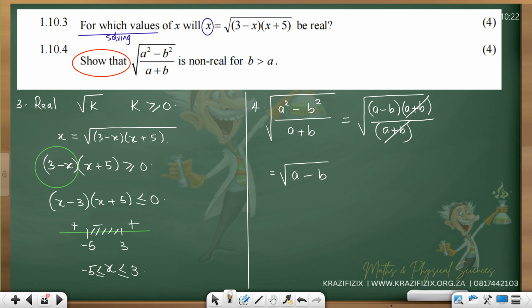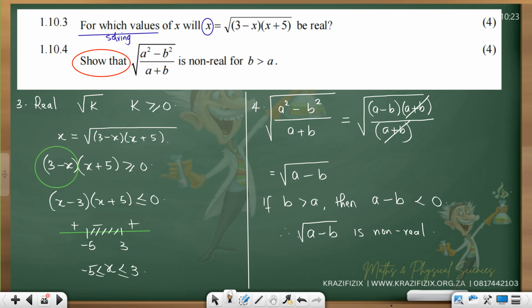But they told us b is greater than a. If b is bigger than a, then a minus b would be less than 0. For example, b is 5, a is 2. What is 2 minus 5? Negative. Therefore, the square root of a minus b is non-real. Oh, we have shown.